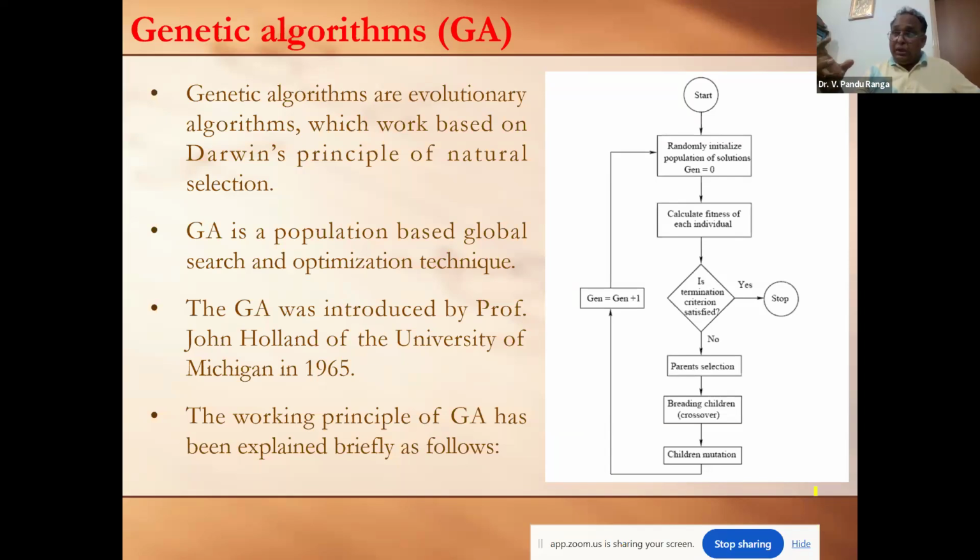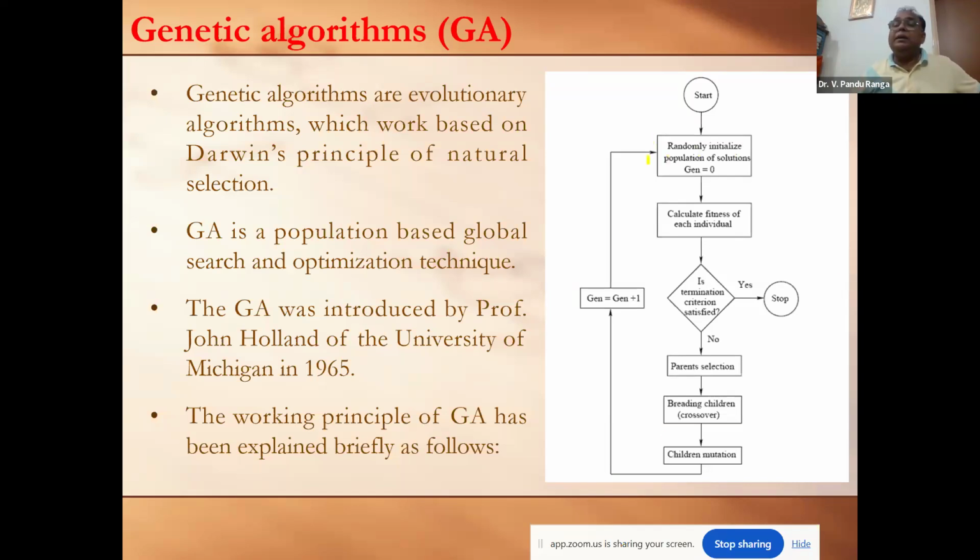Therefore, the possibility of the solution getting stuck in a local minimum is less. Here, we will always say that the solution we obtained is near optimal or optimal. Whereas in the case of traditional methods, we say that the solution may get stuck in a local optimum.